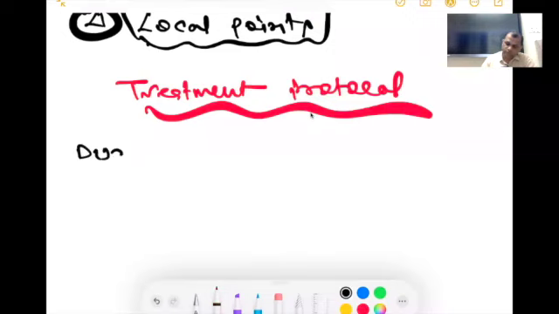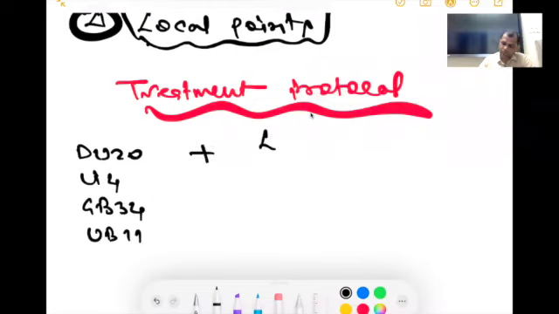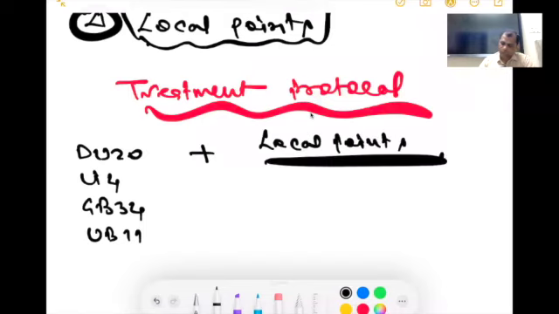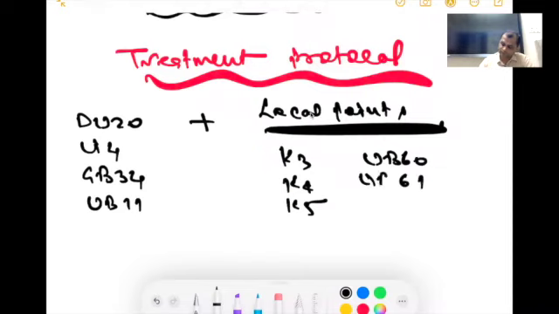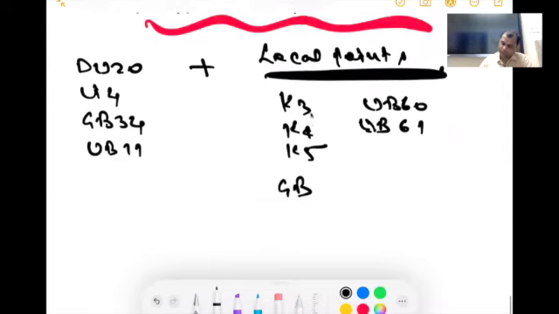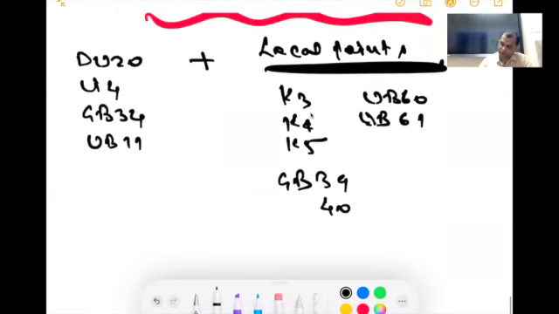Number 1, DAY20, then Li4, then gallbladder 34, and urinary bladder 11, plus local points. The local points are kidney 3, 4, and 5, urinary bladder 60, 61, gallbladder 39, 40, and 41. That's it. These are the local points.